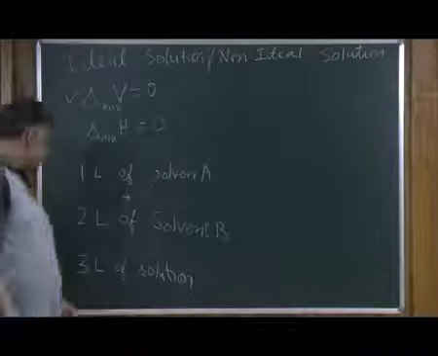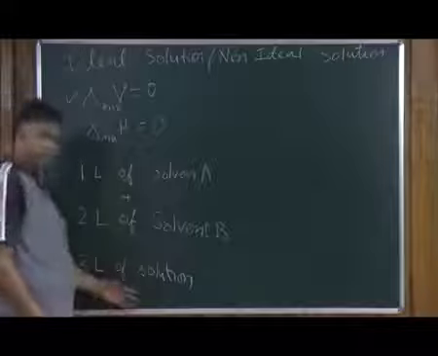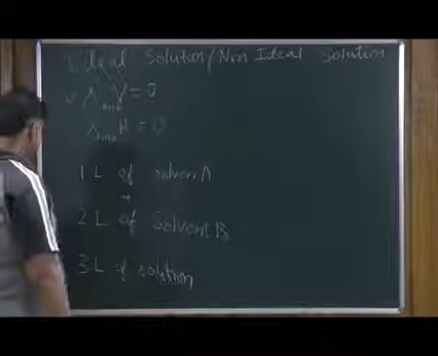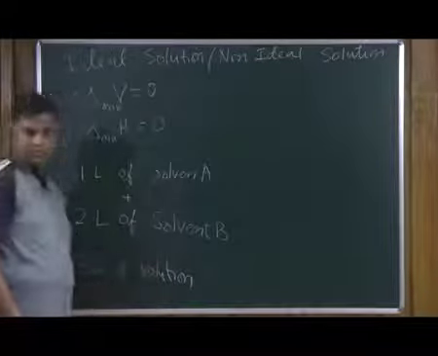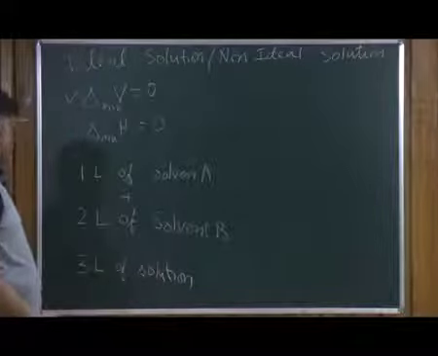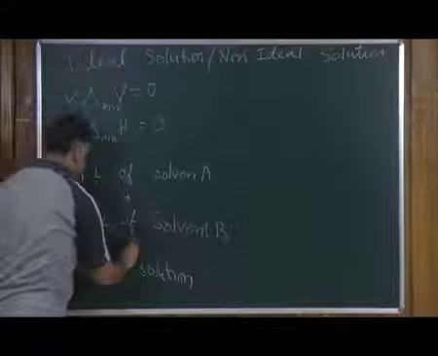And the second condition is, if no heat is evolved during the mixing, that is, if the temperature does not change after the mixing, then it is an ideal solution.